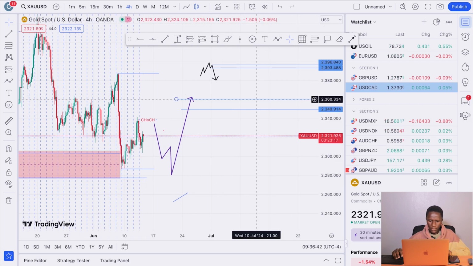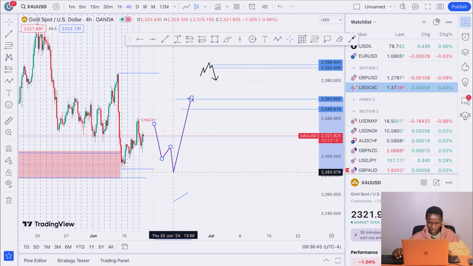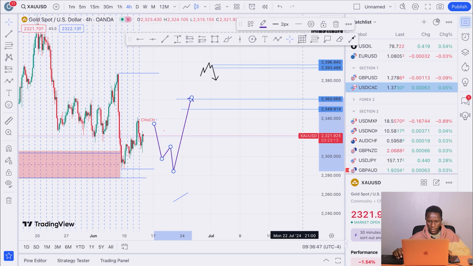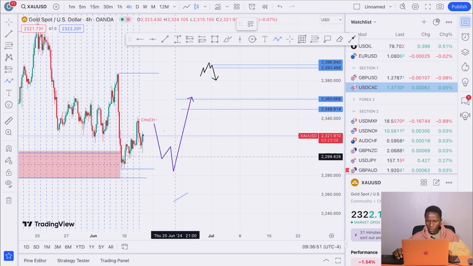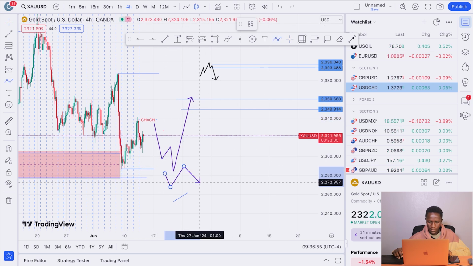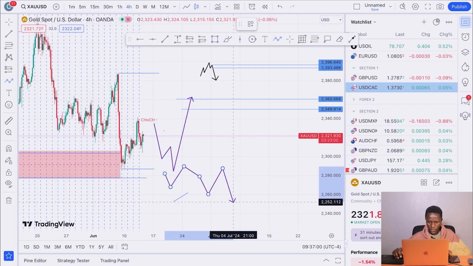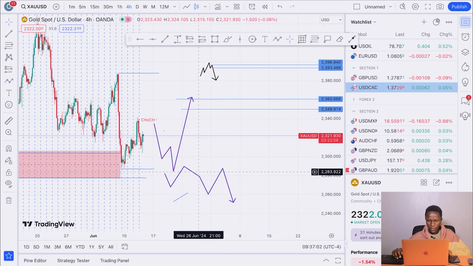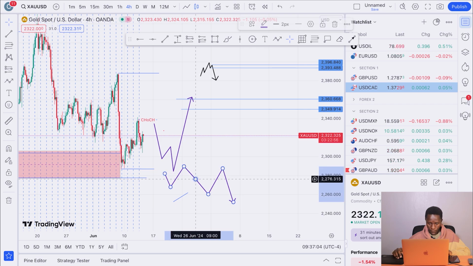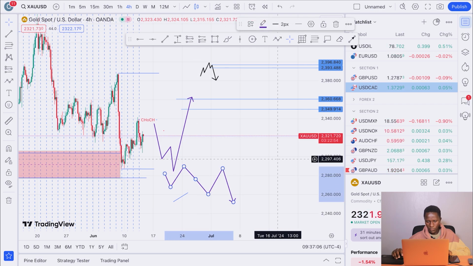But this is just in case it doesn't break below here. If it comes and breaks below and closes below this protected low, there we will be looking for sells in the next trading sessions. This is what we'll be looking for.